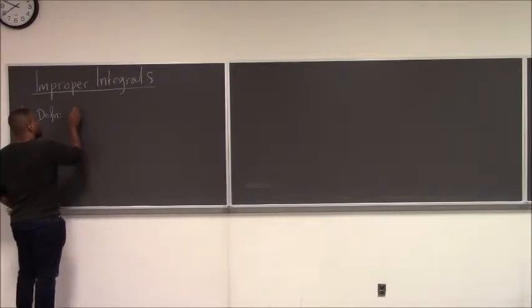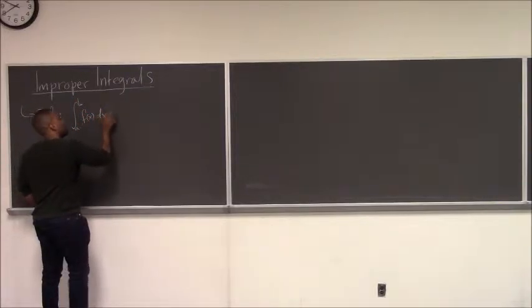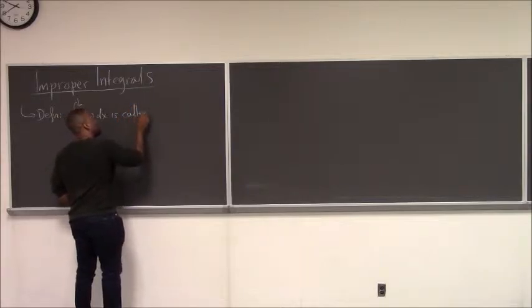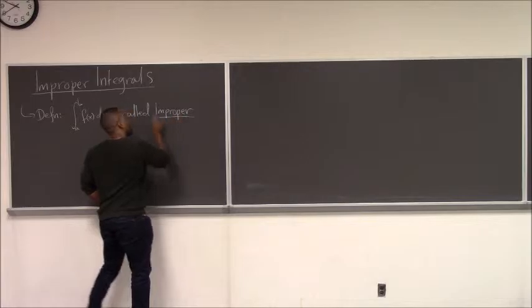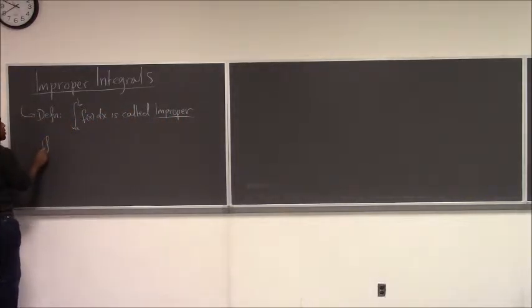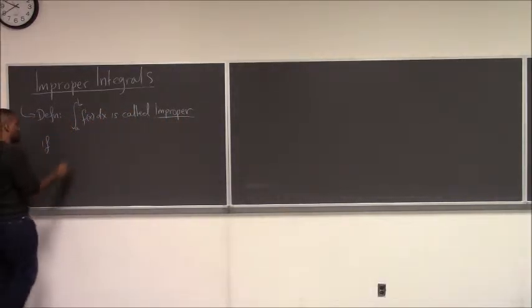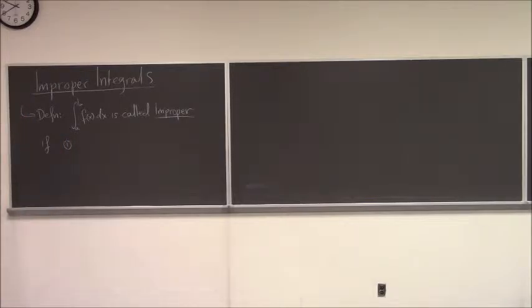So here's a definition. The integral from a to b of f(x) dx is called improper if one of two things happen.